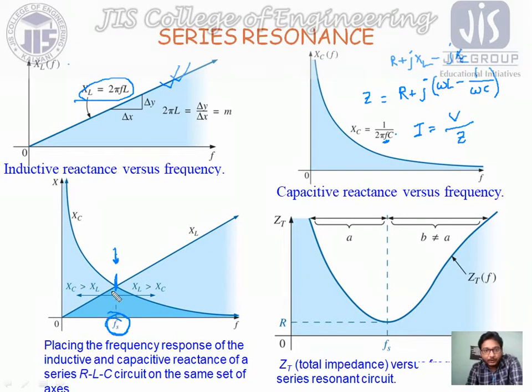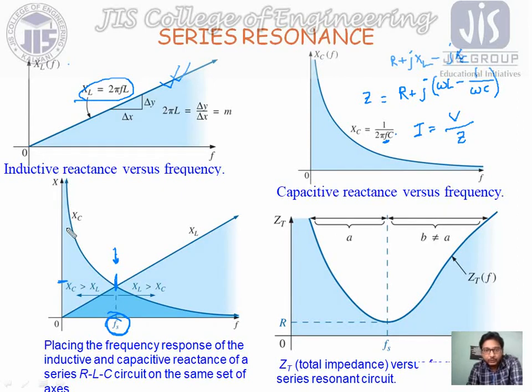Now before this resonance frequency, if we look carefully at this graph, it is clearly visible that the inductive reactance effect is only this much, but the capacitive reactance effect is more.